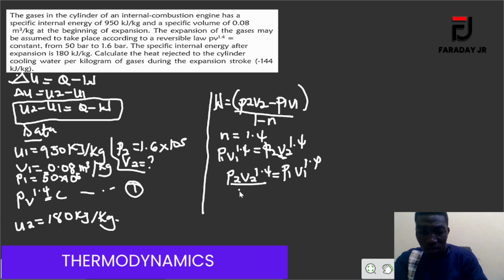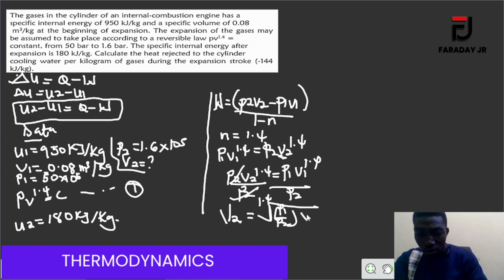Divide both sides by P2 and the P2 cancels. So V2 is equal to the 1.4th root of P1 over P2 times V1 exponent 1.4.